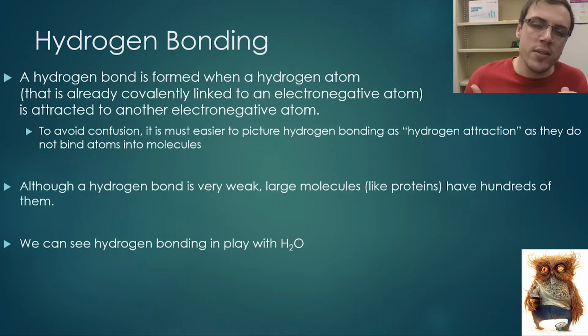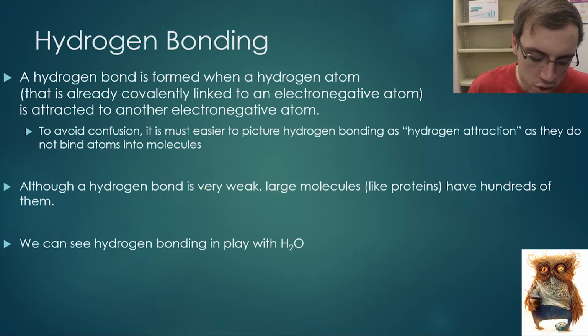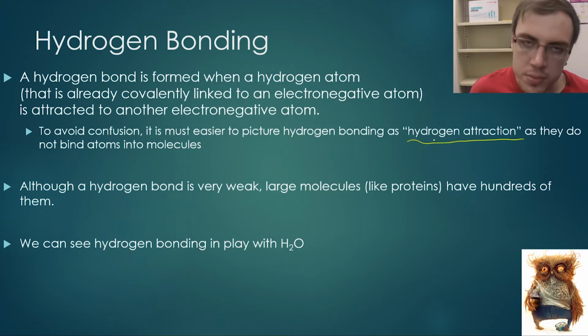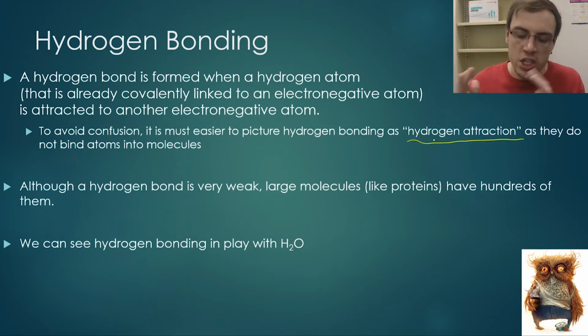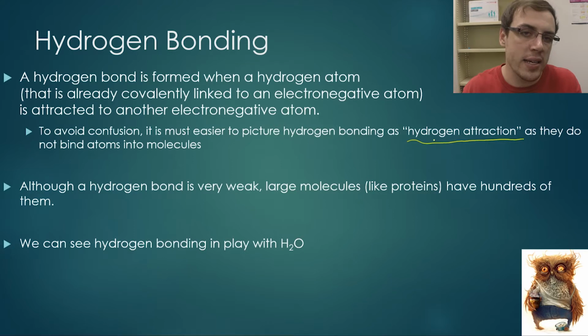The reason is that when we were talking about covalent bonding and ionic bonding, it involved the movement of electrons. So when you see the term hydrogen bonding, I want you to think hydrogen attraction. Okay? Because they're not formally binding together. It's not a formal exchange of electrons. It is just an attraction, like we find with magnets when we have positive to negative.